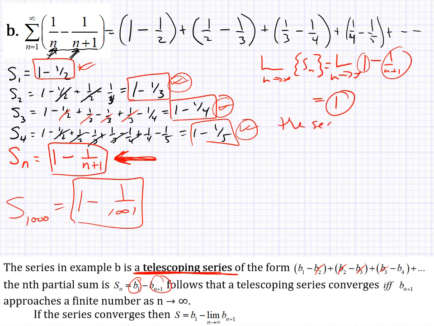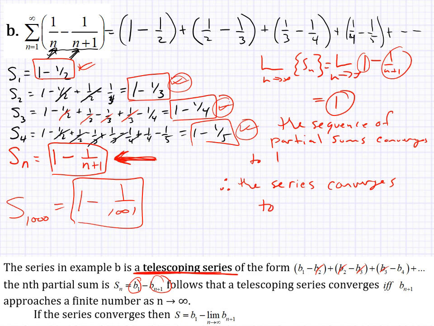The sequence of partial sums converges to 1. Therefore, the series converges to 1.